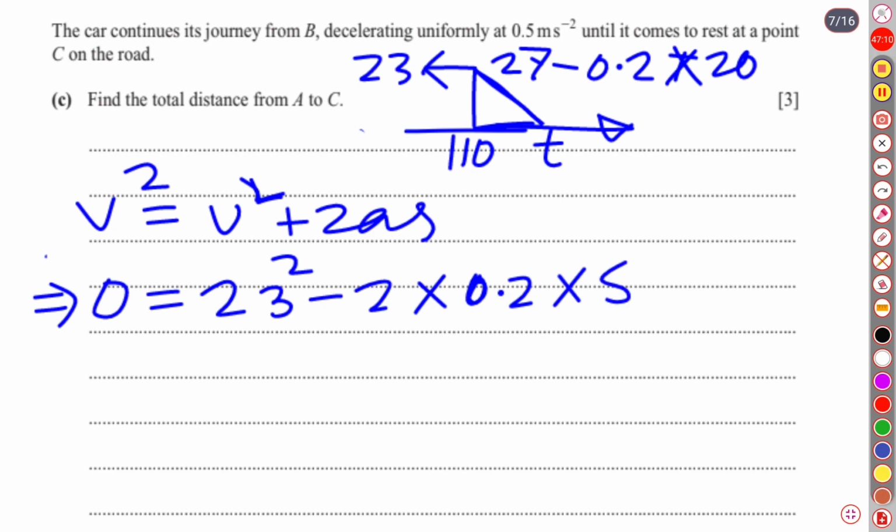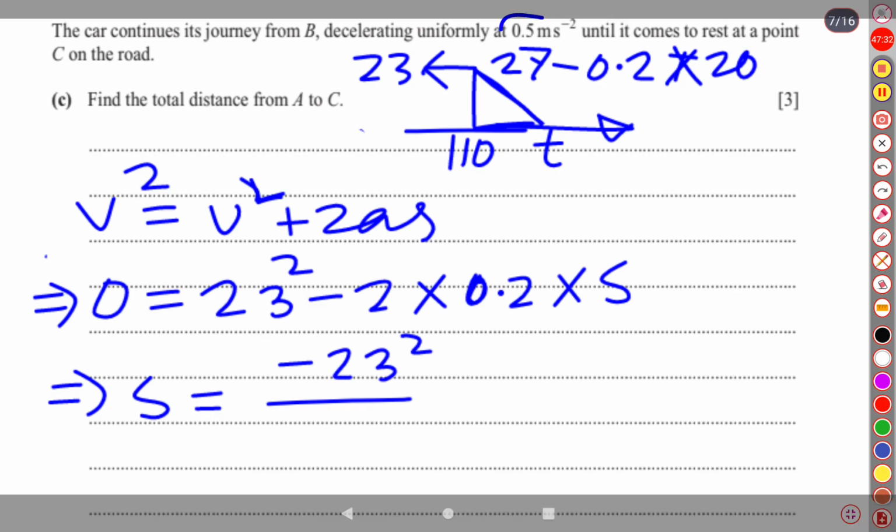Okay, so our s is going to be negative 23 square over point... sorry, acceleration is 0.5 over here.